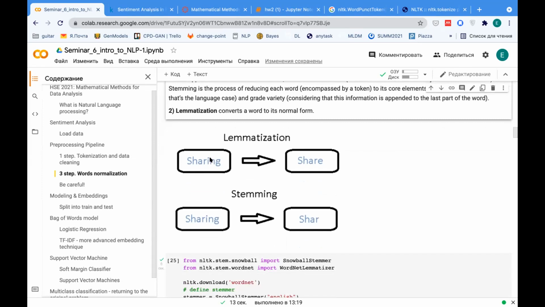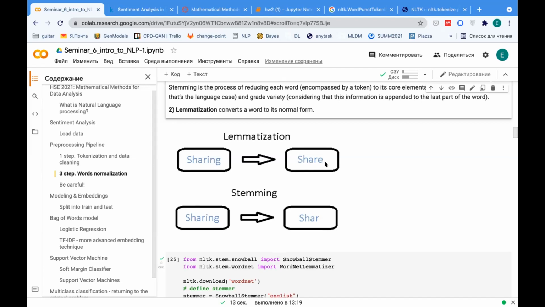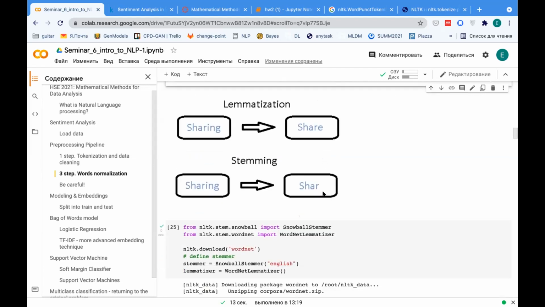So for example, we can see it here. Stemming just lost the last character, and lemmatization saved it. So in lemmatization we got a normal word, and in stemming we got something a bit strange.